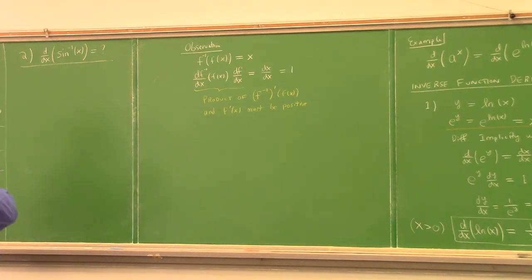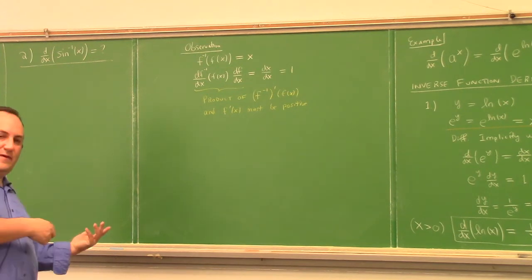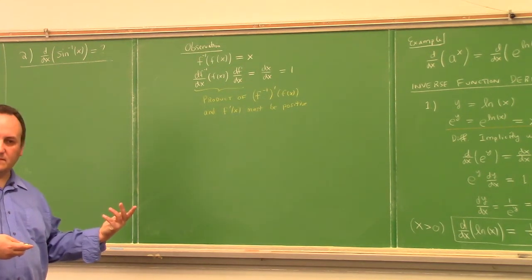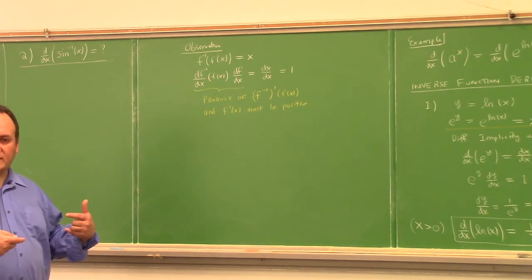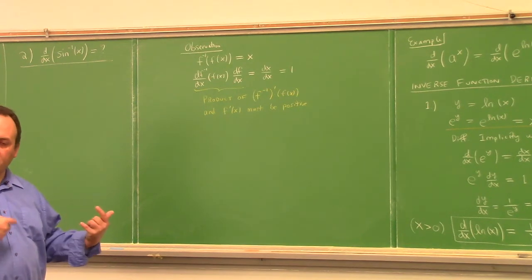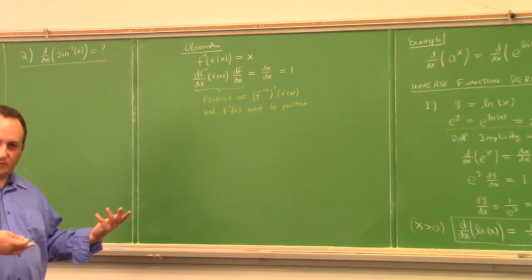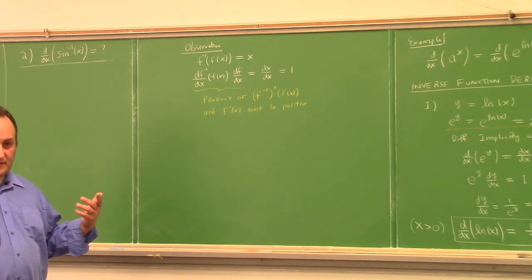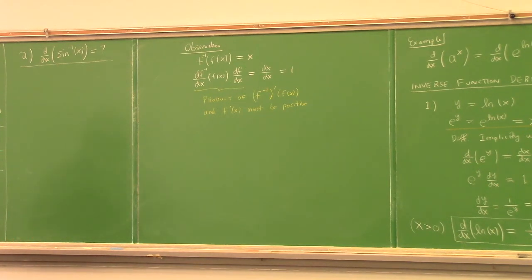If the derivative of the function is positive, what can you say about the derivative of the inverse function? Also positive, right? What if the derivative of the function was negative? Then the derivative of the inverse function must also be negative. Otherwise, the product wouldn't be positive. Either it has to go plus plus or minus minus. That's helpful to us as we're working out example 2. It's just an observation.